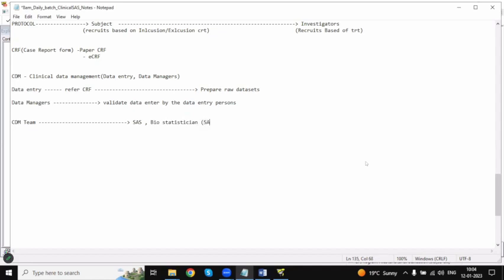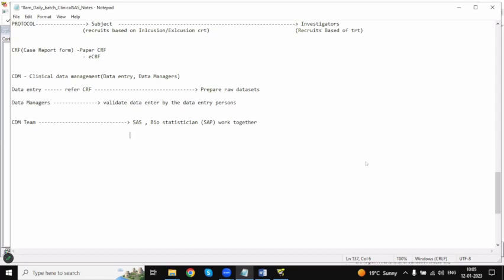The biostatisticians will tell our SAS team what reports they require, and we prepare those reports and give them to them. What are those reports? These are the SDTM and ADaM tables.